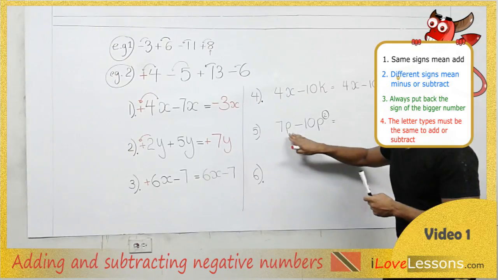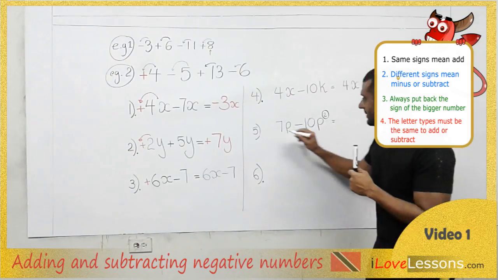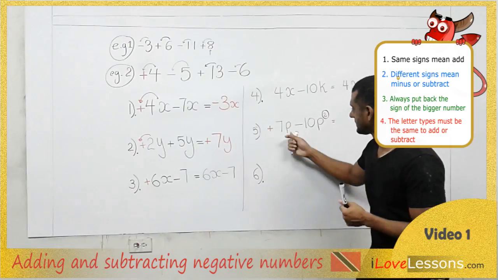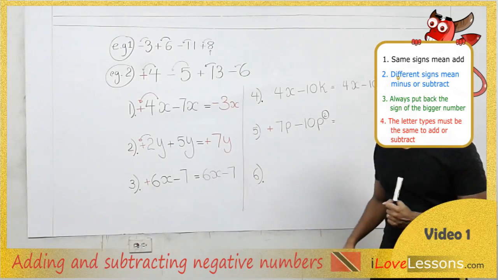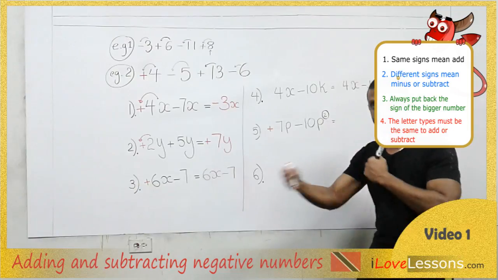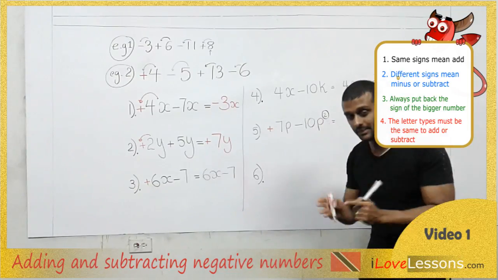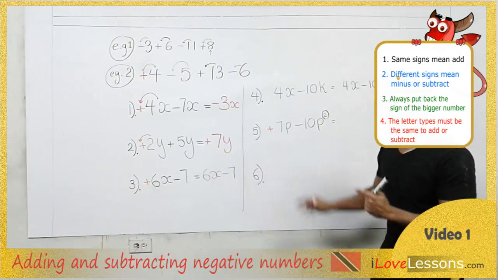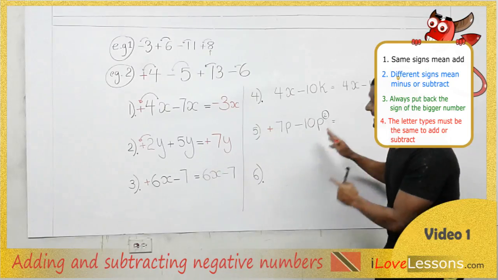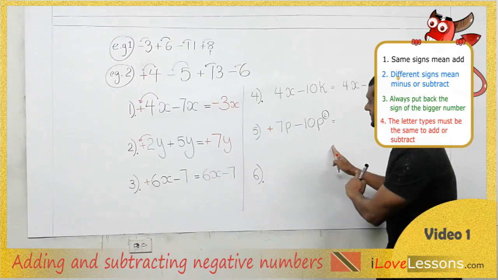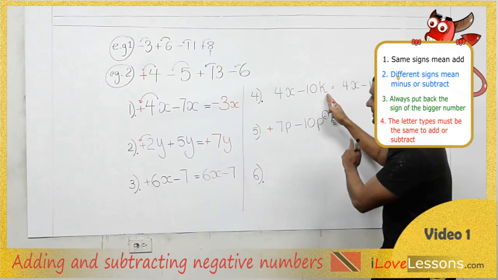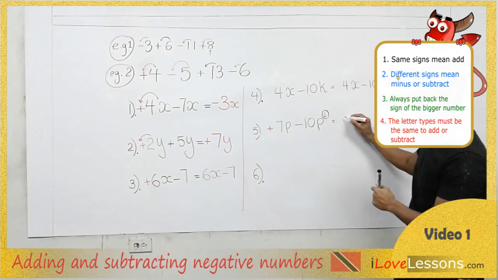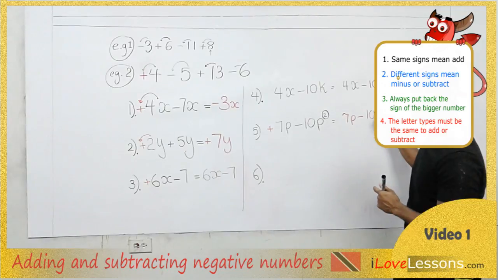So you might see the p here and the p here and realize that this 7 is positive. And according to rule number 2, since the signs are different, you will try to minus. But keep in mind, and don't fall for this trick, p and p squared is considered completely different, just like how x and k is completely different. The answer for this is still 7p minus 10p squared.